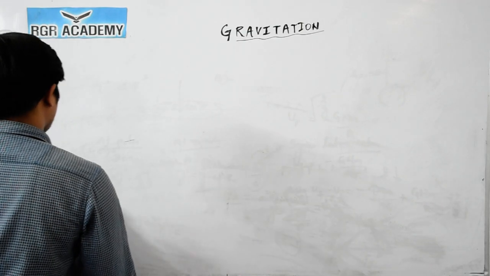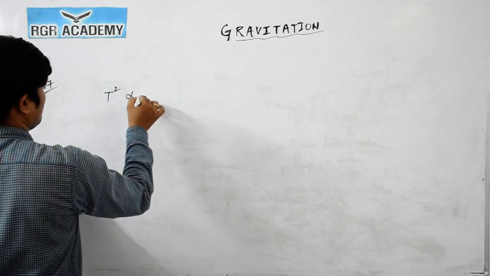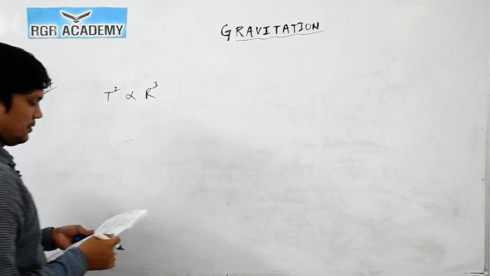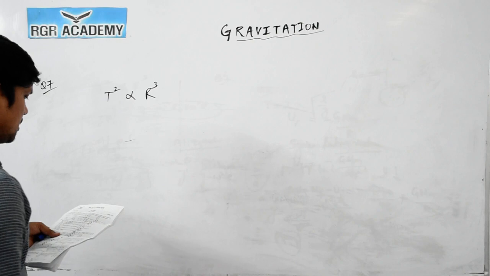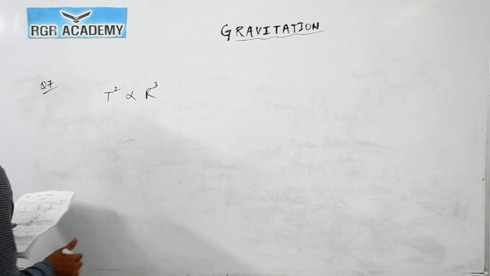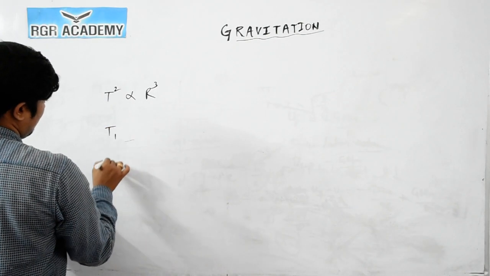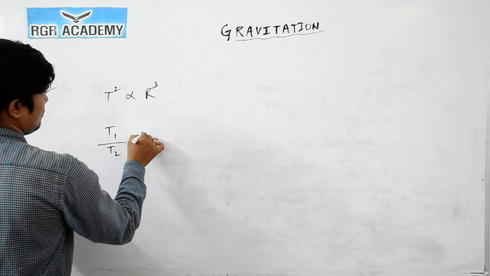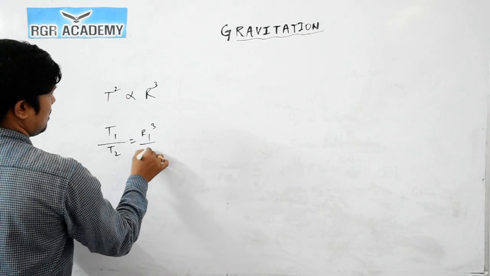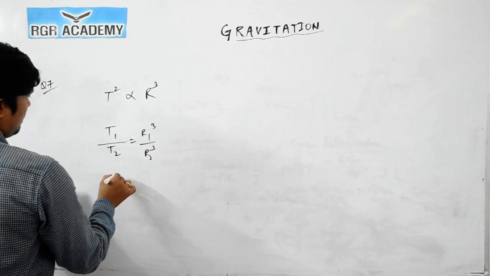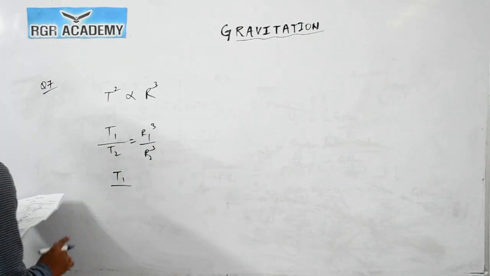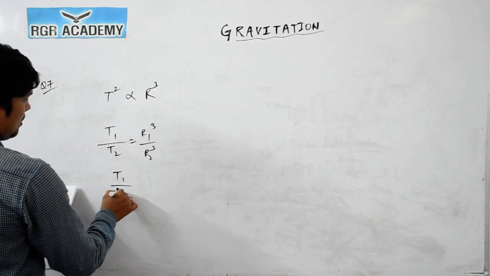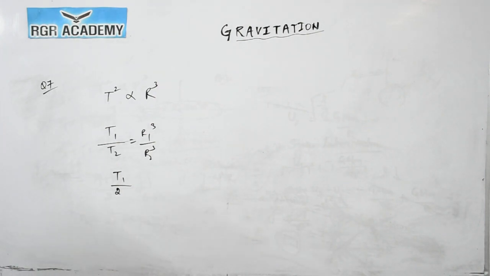We know that T square is proportional to r cube. I will consider T1 as the time period of earth, and T2 is for the body, which is 27 times faster, meaning it will be T1 by 27.